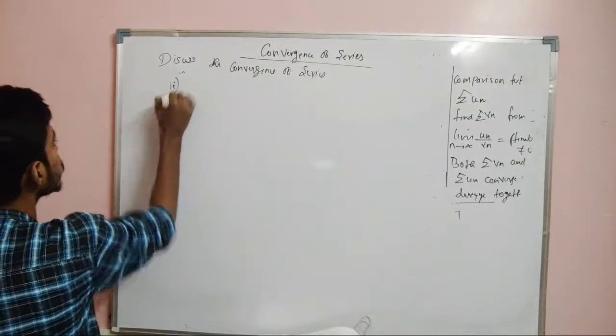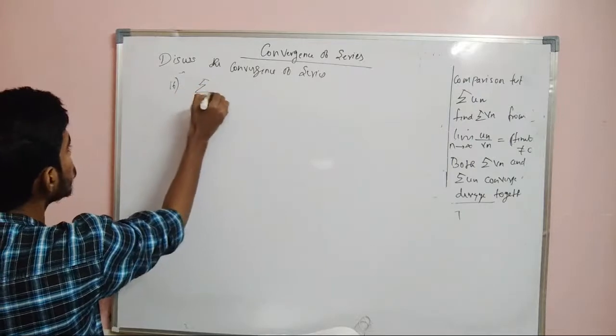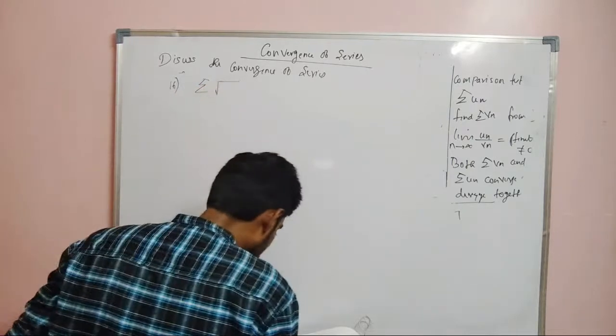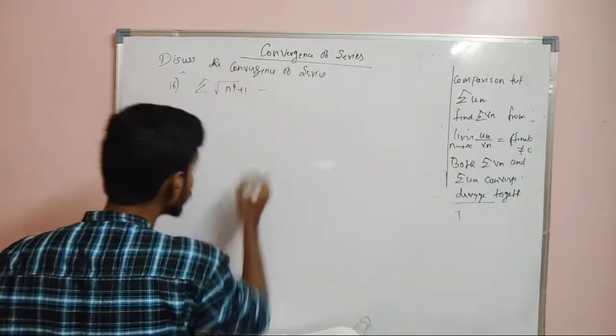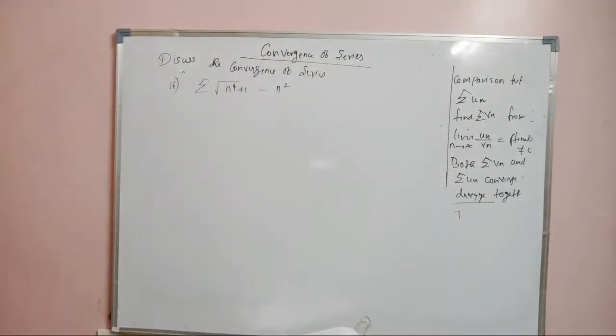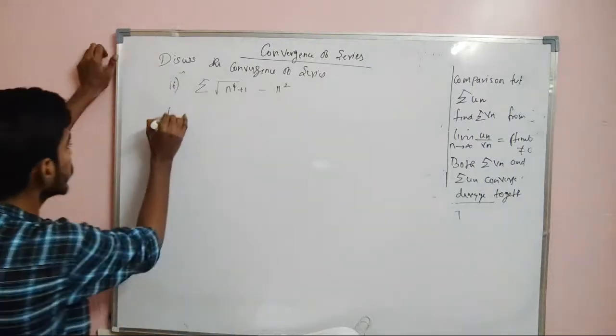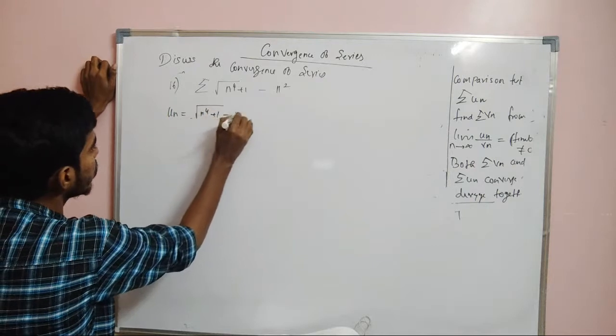The sixteenth problem is summation of square root of n power 4 plus 1 minus n square. Again you can see this is of the form a minus b or a plus b, and we can first take un to be equal to square root of n power 4 plus 1 minus n square.